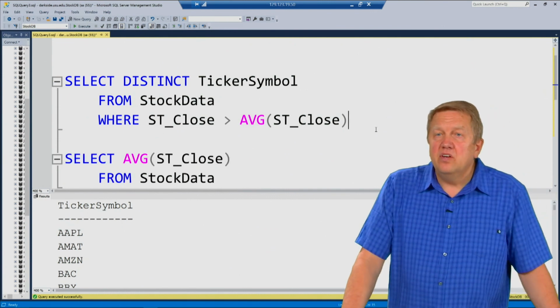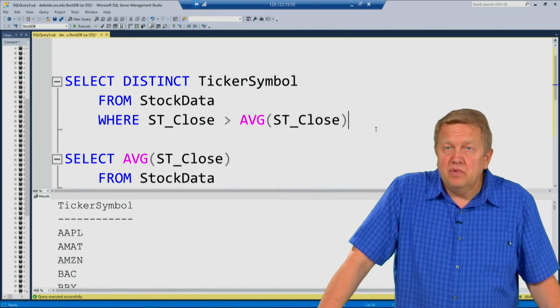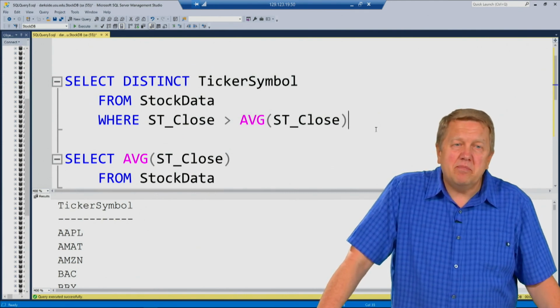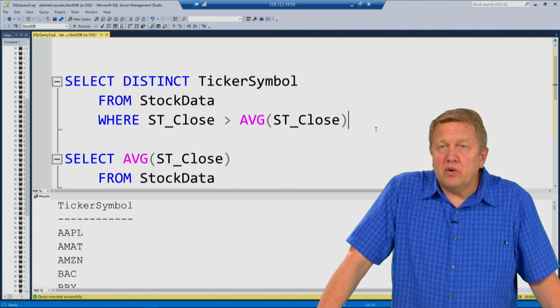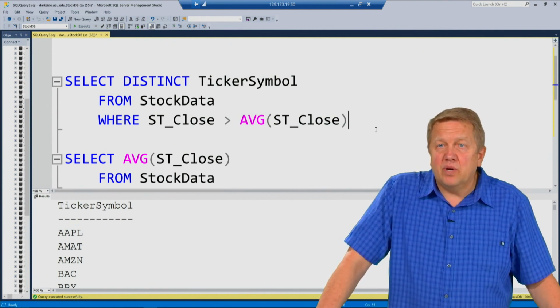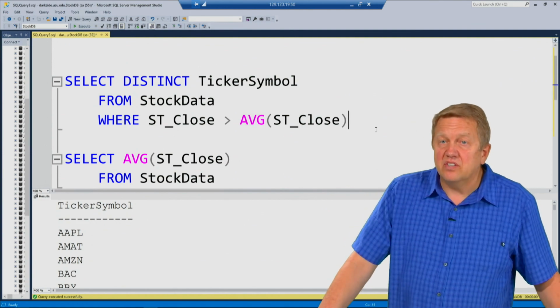And you can't. You can't put an aggregate in a where clause. It's a rule. And if you think about it, it wouldn't make any sense because the first part of the where clause would be a row and the second part of the where clause would be an average over a lot of rows, and so it's nonsensical.